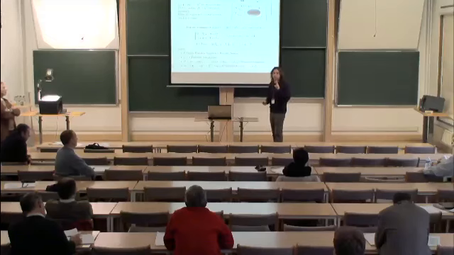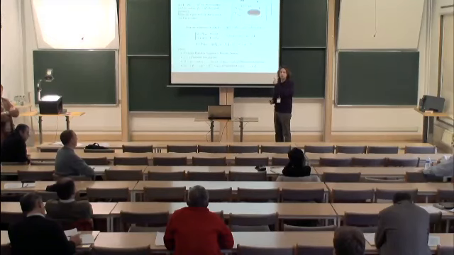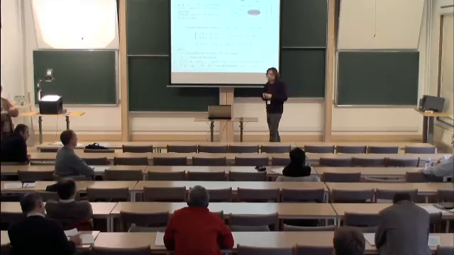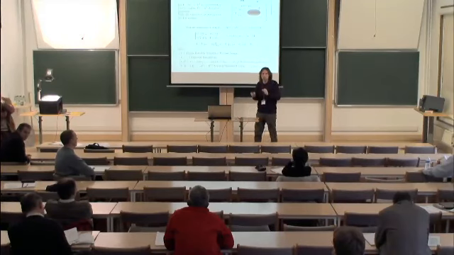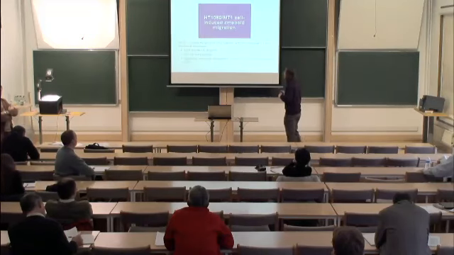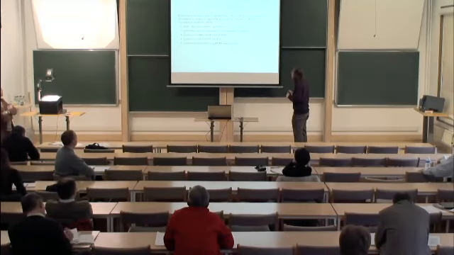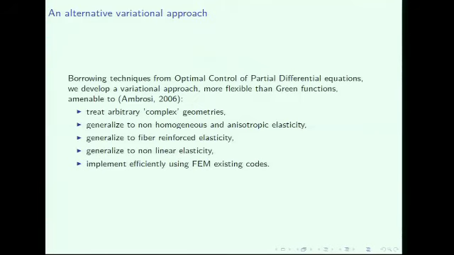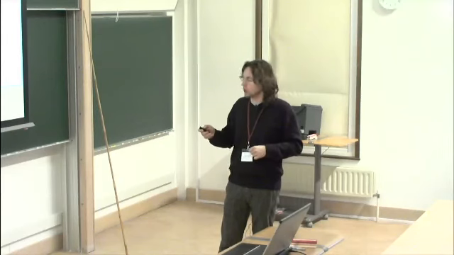Okay, two things. The movie does not concern the real experimental setup, it's only a movie just to show you how a cell behaves. The experimental setup is quite different. Secondly, what we ought to do is clearly generalize the approach to nonlinear elasticity. This can be done at least formally, not from the point of view of well-posedness. This is, I think, too hard for me. But it is formally possible to generalize this approach.